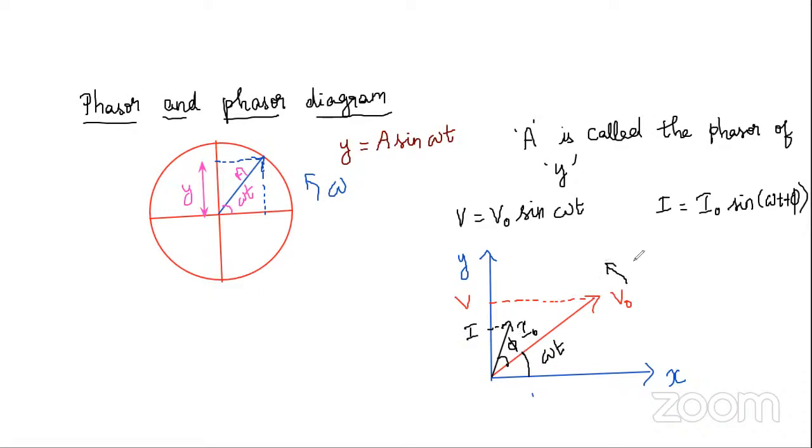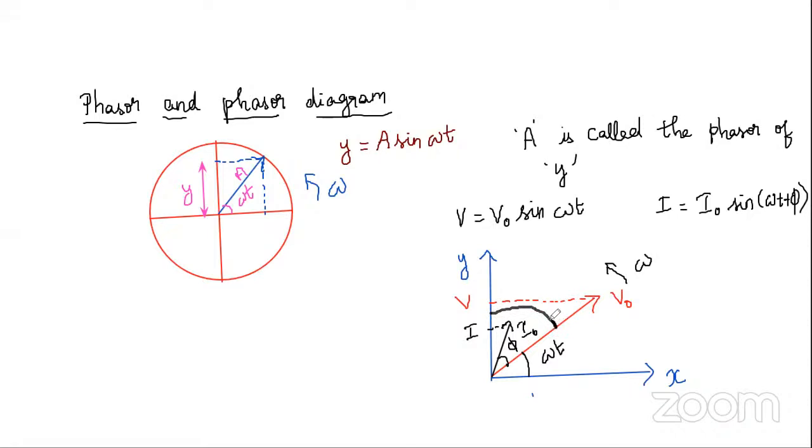So here you see this I0. Both the phasors are rotating with angular velocity omega, and both are rotating in anti-clockwise direction. So this angle made by this phasor I0 with the y-axis is lesser compared with the angle made by the y-axis with V0. So this angle is greater.